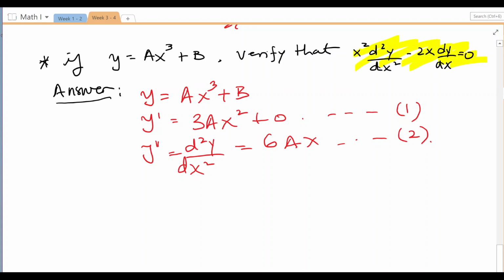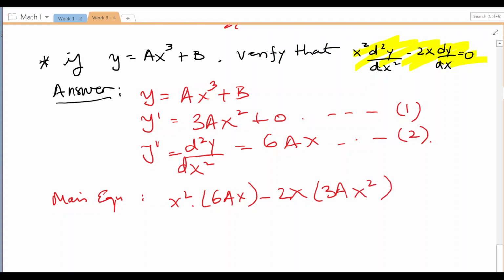So we have the main equation: x² times the second derivative, which is 6ax, minus 2x times the first derivative, which is 3ax², equals 0. This equals 6ax³ − 6ax³, so yes, it confirms.